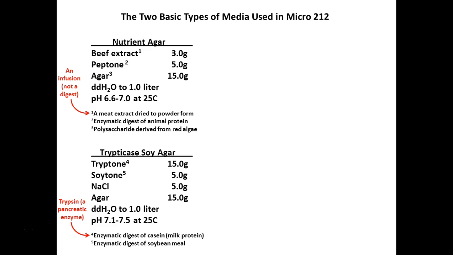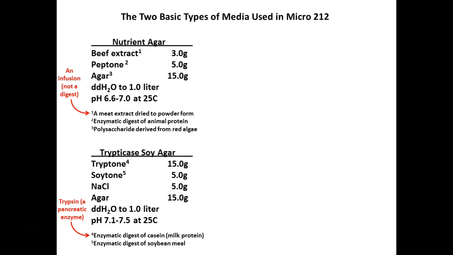And so this is kind of like baby food for bacteria too, in that the proteins are pre-digested. So the soy tone that's in this is partially digested soybeans, right? So soy protein. Tryptone can be a trypsin digest, which is an enzyme that your pancreas makes, right? So those enzymes are squirted into your small intestine and help you digest your foods. So they use these enzymes to digest proteins.